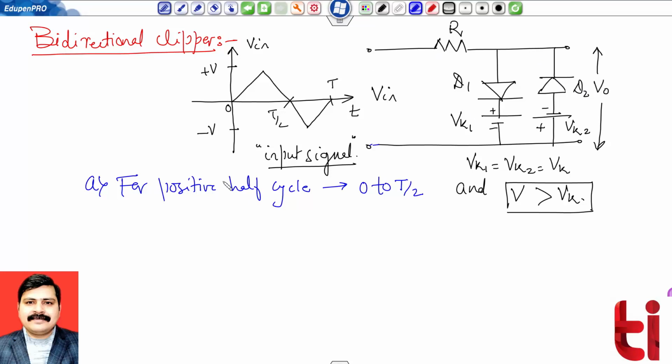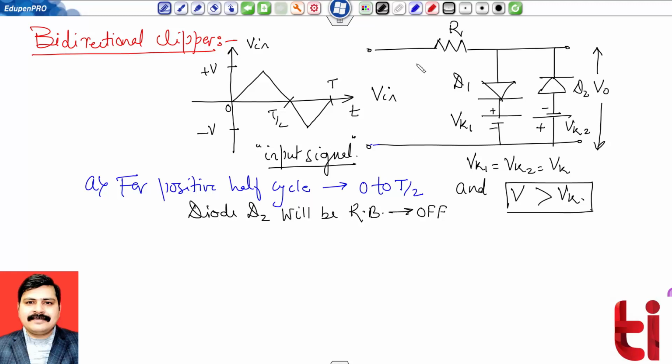That means for the entire positive half cycle, diode D2 will be reverse biased, therefore it will be off. So effectively in the positive half cycle, only diode D1 is in the picture. And for simplicity, we have assumed that the peak value of the input signal is greater than the value of this DC battery Vk.